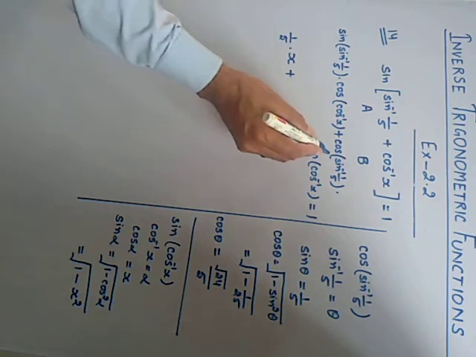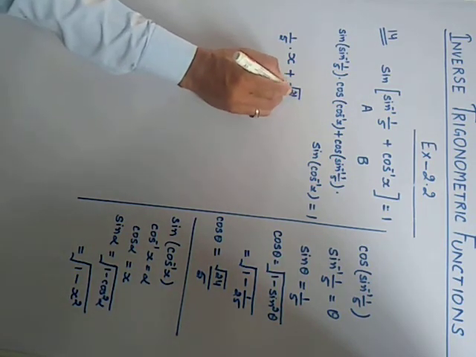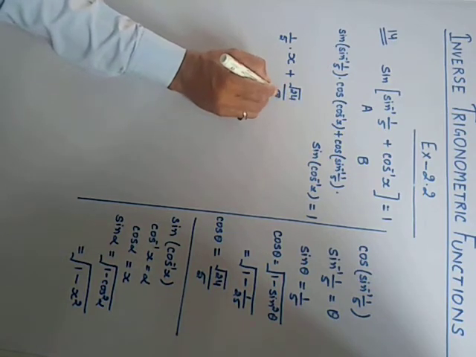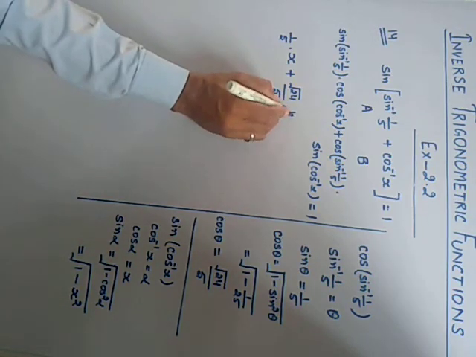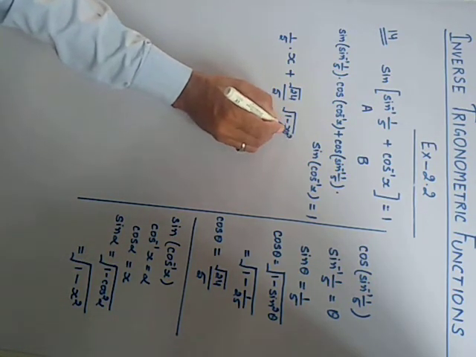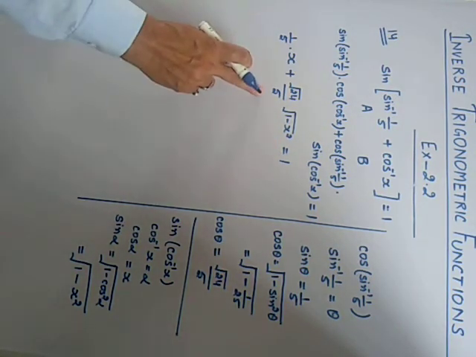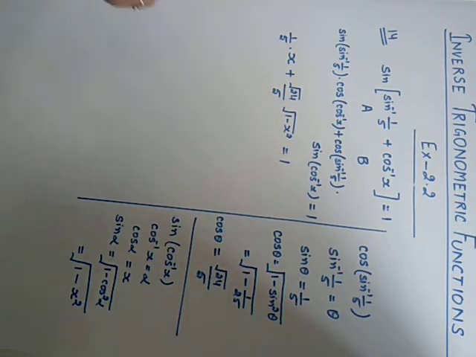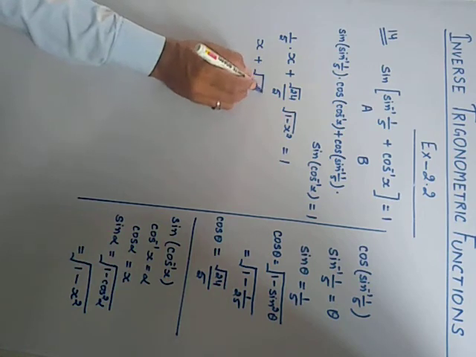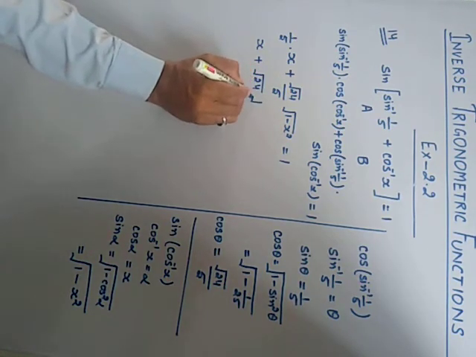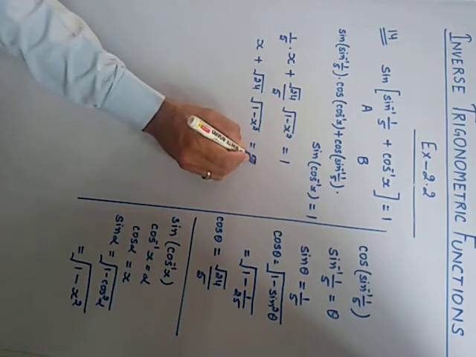Now if we put the value here, plus square root of 24 upon 5, and in place of sin cos inverse x, under root 1 minus x square, equals 1. If we multiply both the sides by 5, it will be x plus root 24 under root 1 minus x square equals 5.